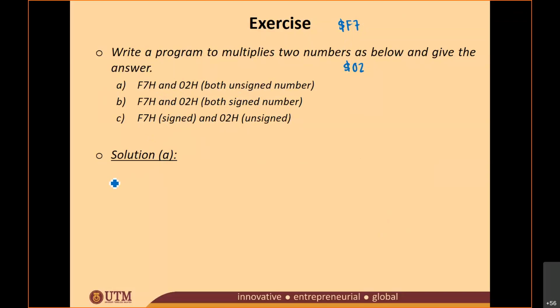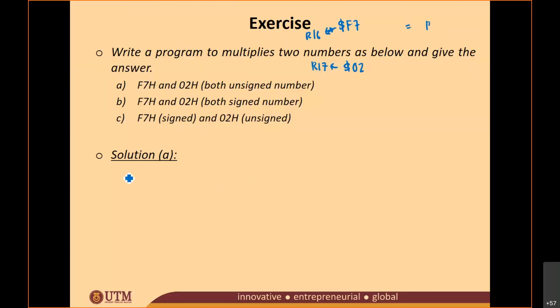Okay, so what you're going to do is, let's take this F7. F7 you put to, I put here R16. And this one here, 02 you put to R17.